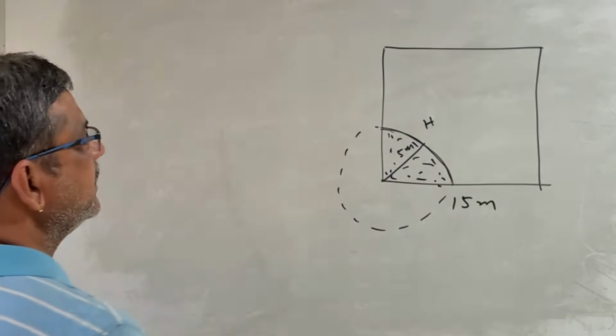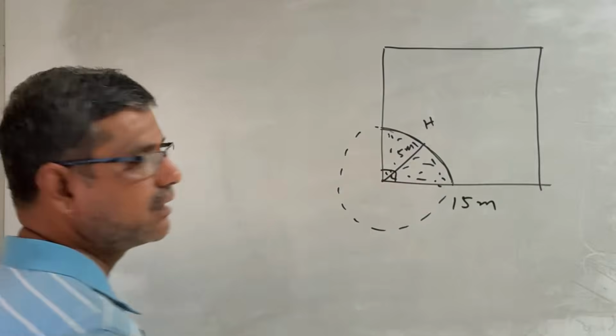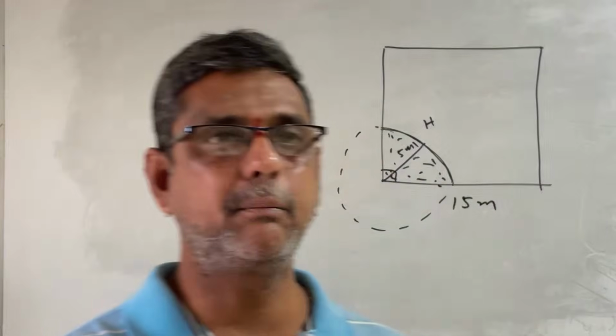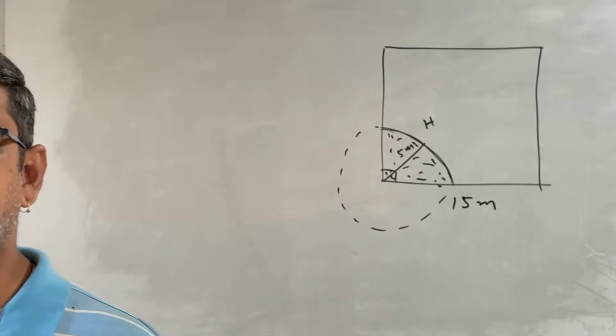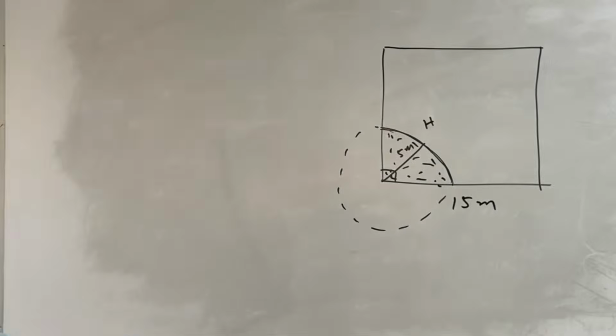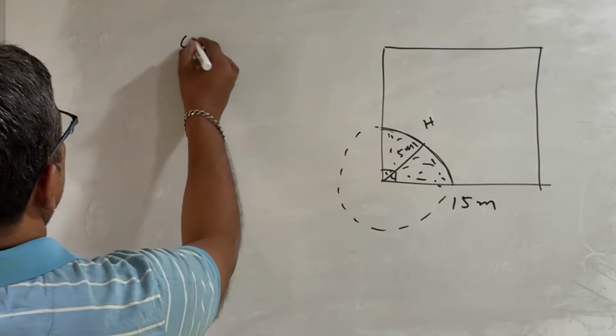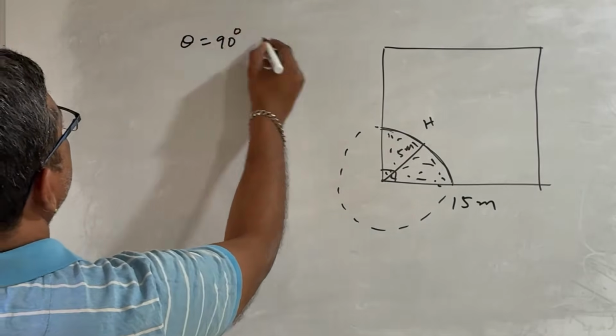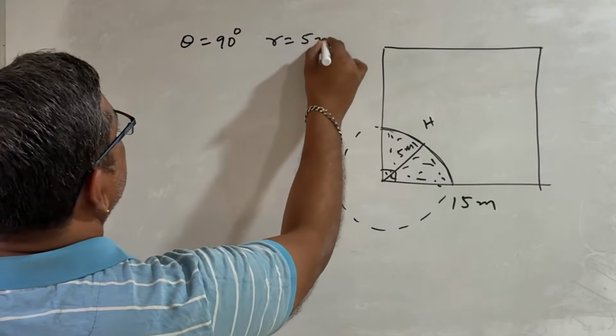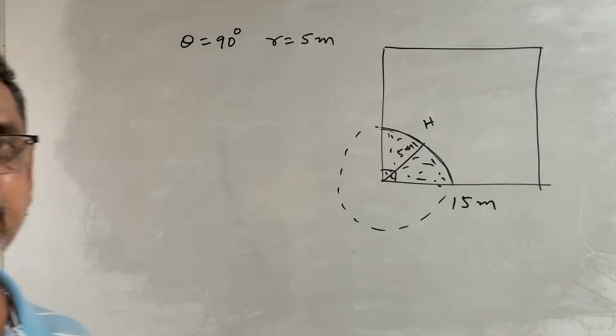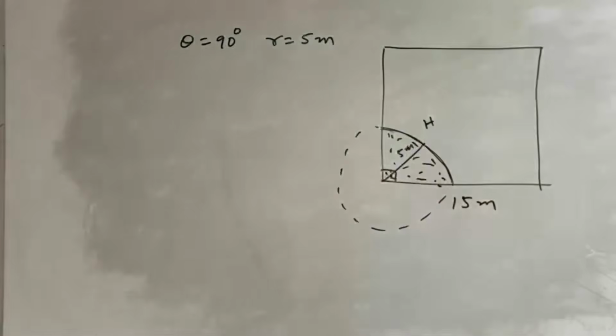And we know that each angle of a square is 90 degrees. Find out the area of the sector.